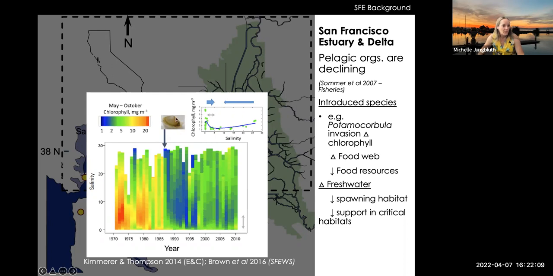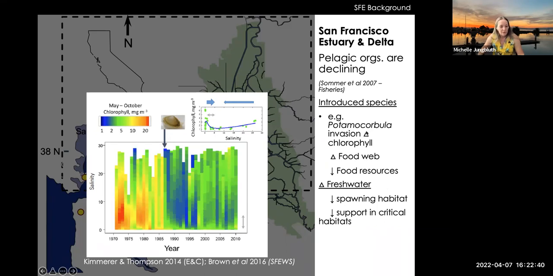It was found that shortly after its introduction in the mid-80s, it so effectively filtered the phytoplankton from the water column that chlorophyll has never been the same. It has drastically reduced chlorophyll over a range of salinities throughout the estuary since then. And so that has decreased food web resources from the bottom up, and potentially that is one cause for the decline in fishes.